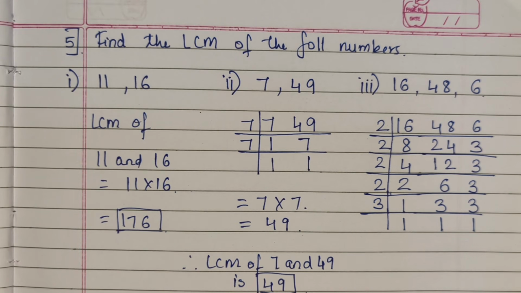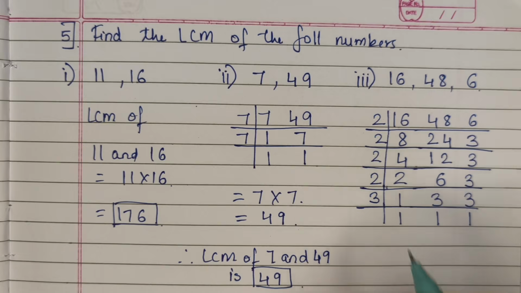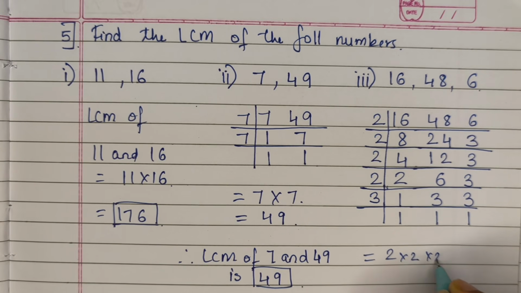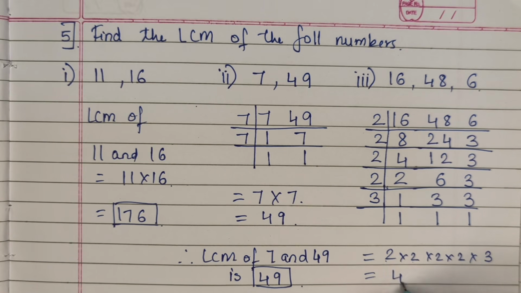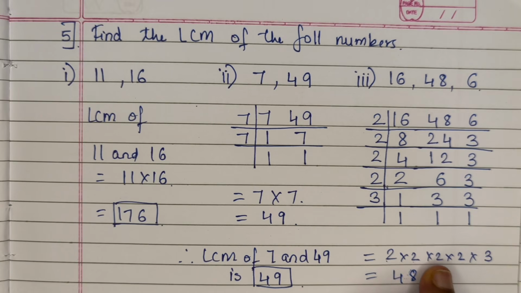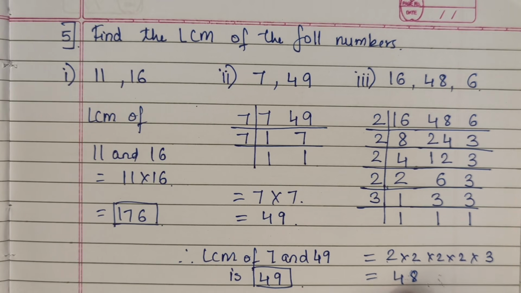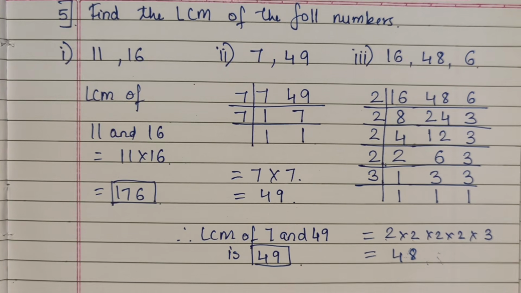So we got all the factors here: 2 into 2 into 2 into 2, 4 times 2, multiplied by 3. 2 2s are 4, 4 2s are 8, 8 2s are 16, 16 3s are 48. Then you can write the final answer over here.